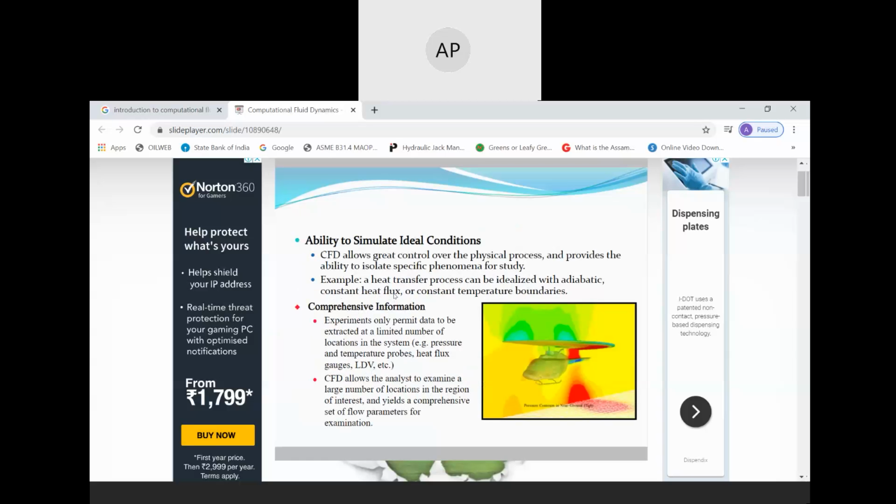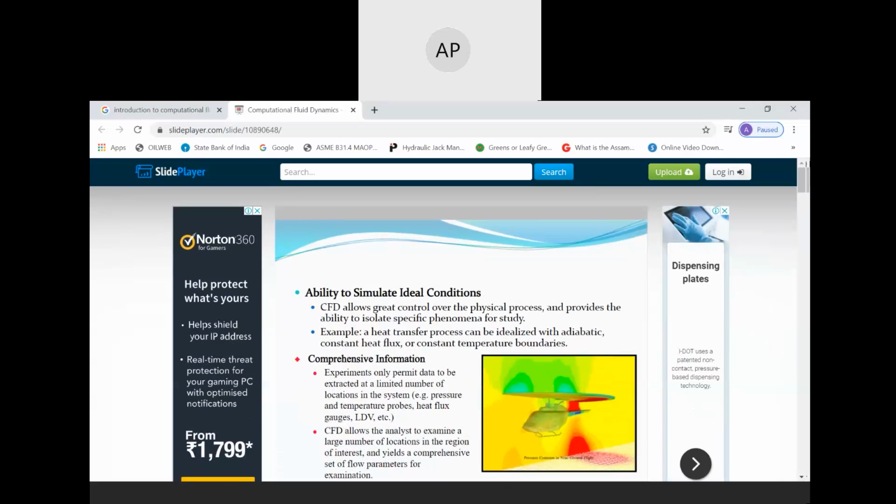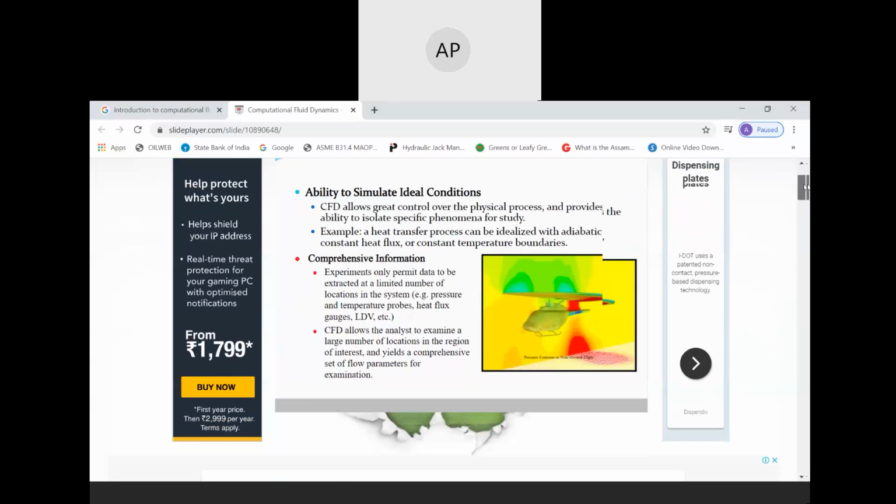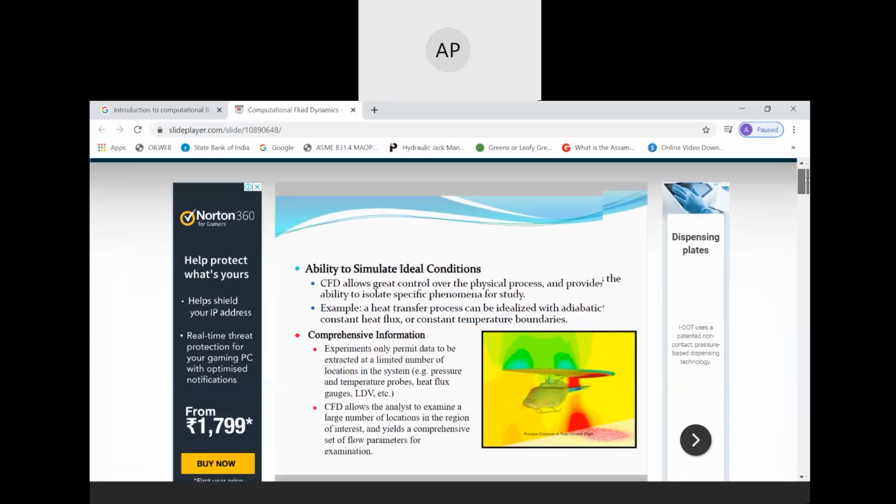Computational fluid dynamics allows control over the physical process and provides the ability to isolate specific phenomena for study. Example, a heat transfer process can be idealized with adiabatic, constant heat flux, or constant temperature boundaries.